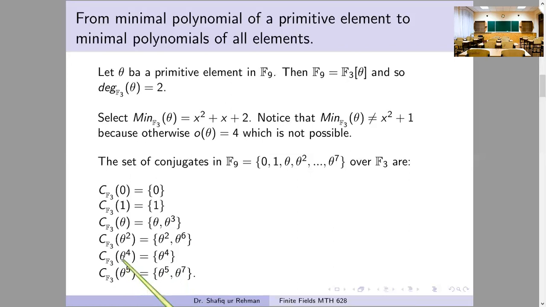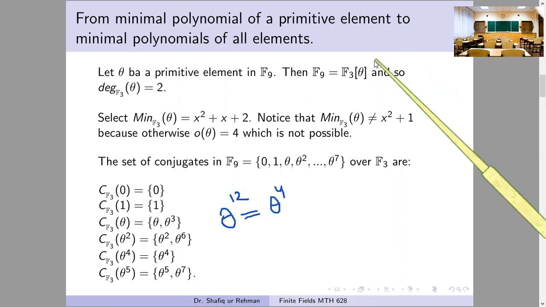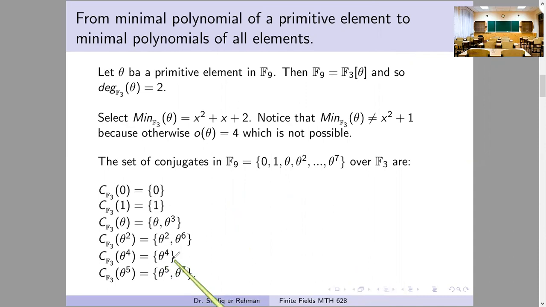Similarly for theta power 4, we write theta power 4, and when we take the power 3 we will get theta power 12, and because theta power 8 is 1, this is again equal to theta power 4. So therefore we will obtain this element.